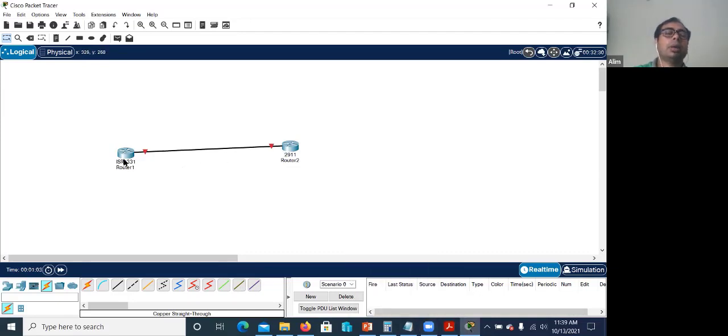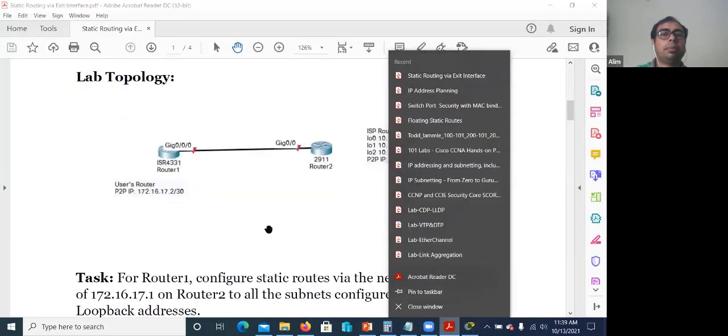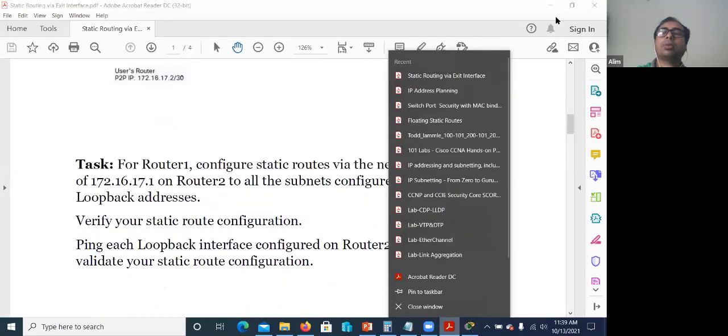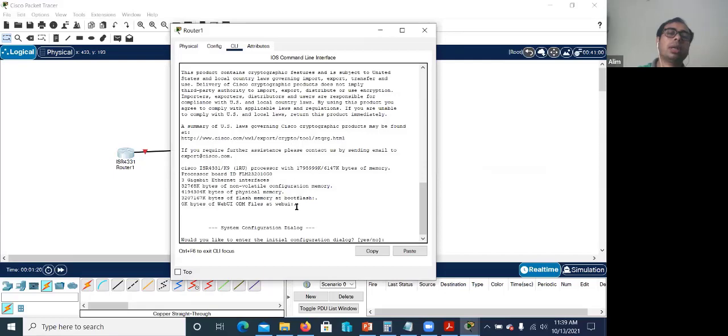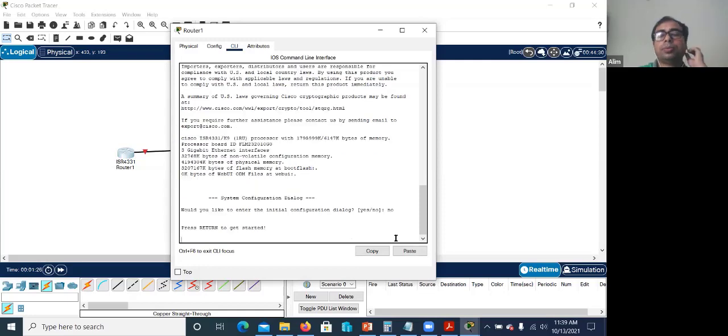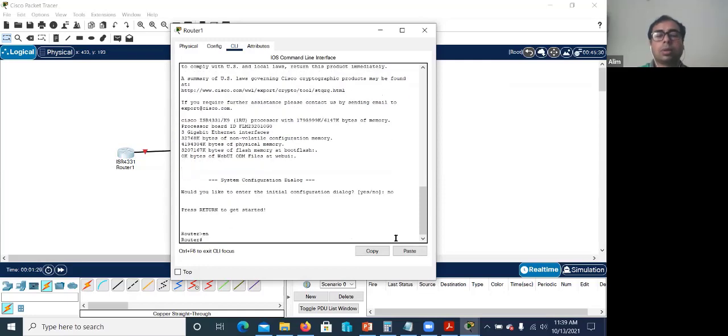From the ISR 4331, your internal network is connected. We are demonstrating static routing. How can we assign? It's very easy. Go to the CLI. Show IP interface brief.